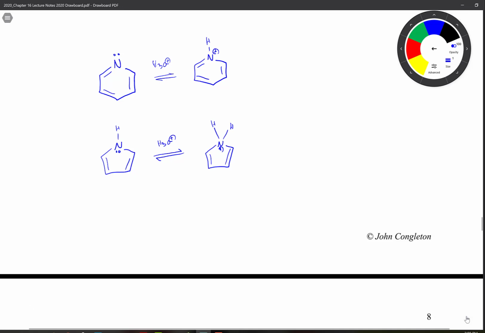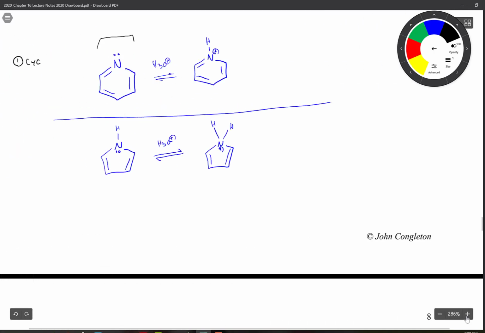Well, let's take a look. This is a thought question that comes up sometimes. So let's look at that molecule up on the top. Is it aromatic? Let's take a look. We are cyclic and planar. We have a conjugated system, and we have 6 electrons.